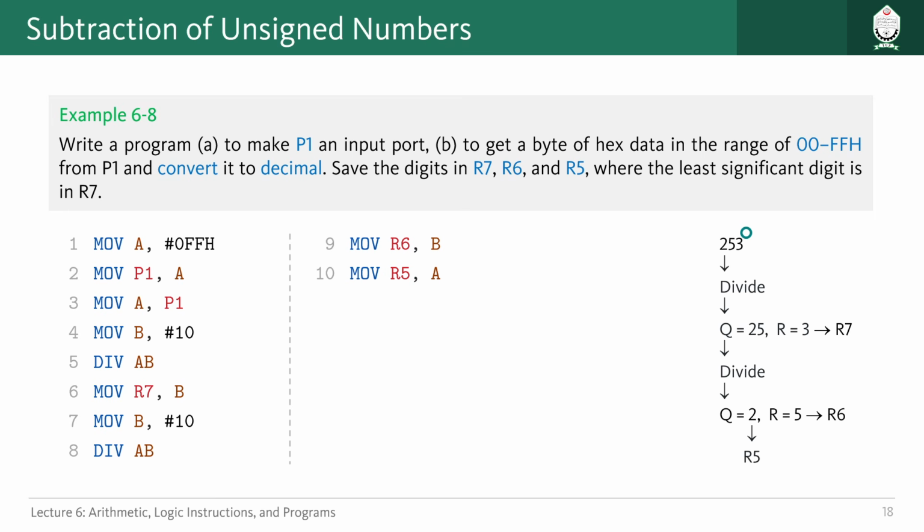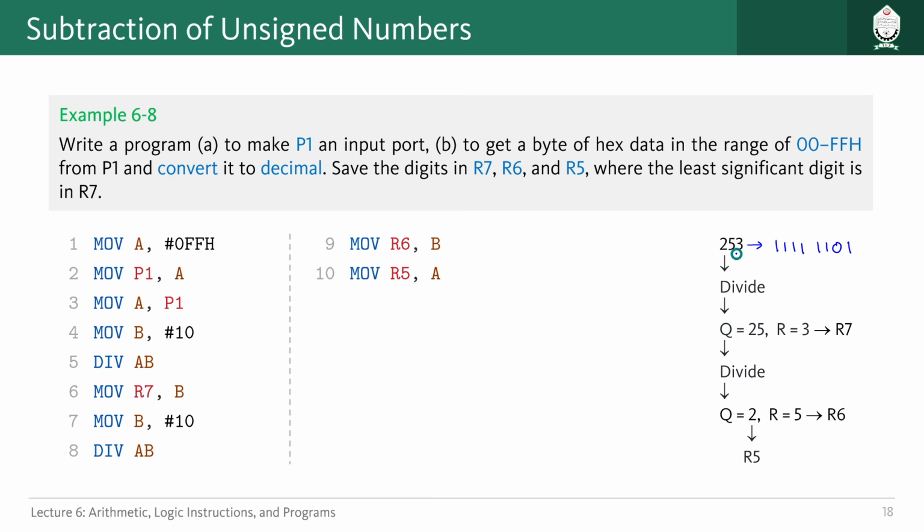The value of 253 in binary is 11111101, right? By looking at this binary value, we have no way of understanding that this value is 253.